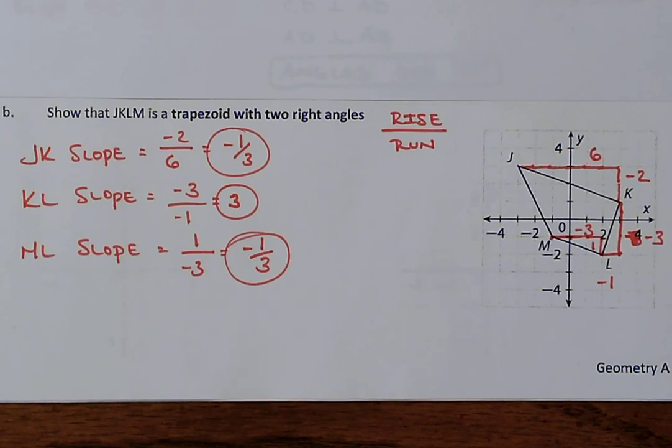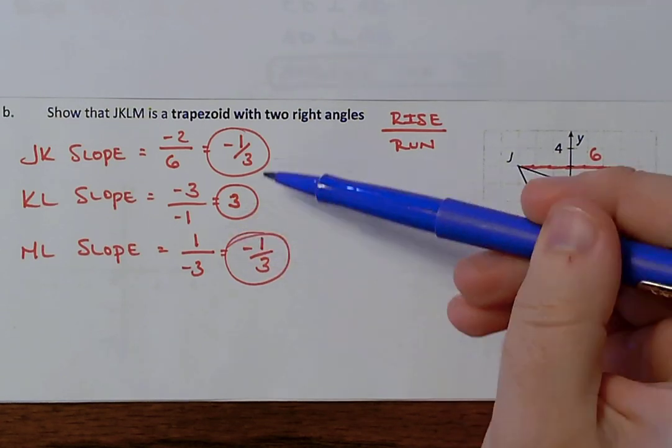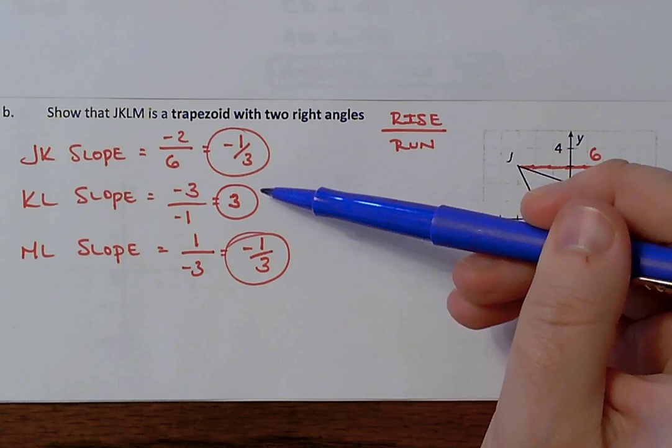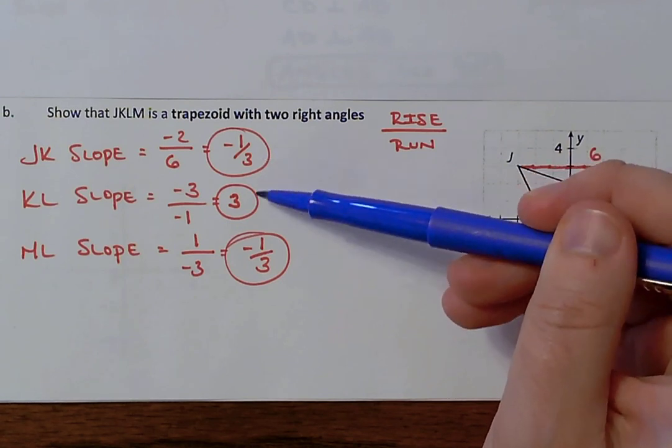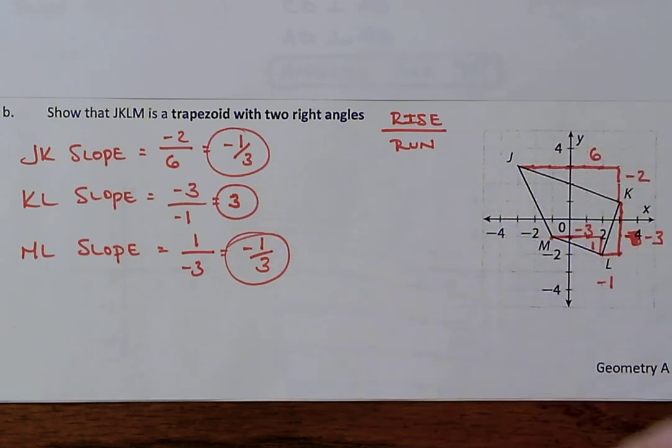So the question is, we're looking at JK and KL. Are these two slopes opposite reciprocals? They are, because -1/3 to +3, negative to positive, and then 1/3 to 3 over 1.